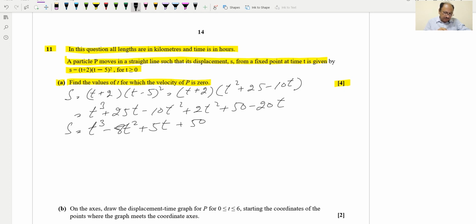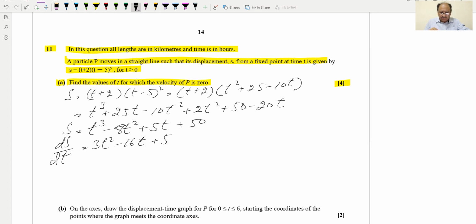And now this is our s. We need to find the value of t for which the velocity is 0, so velocity will be ds by dt. ds by dt will be equal to 3t square minus 8 into 2 will be 16, so 16t plus 5.